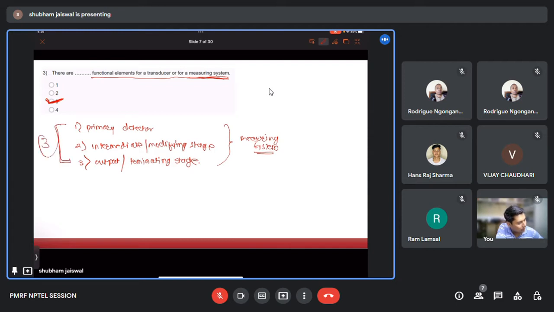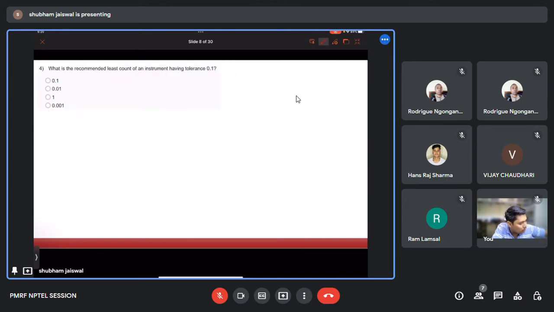These are the three functional elements for a transducer or any measuring system. First we detect the quantity using the primary detector, then we process it, and then we get it on our output or terminating stage. So these are the basic three functional elements.